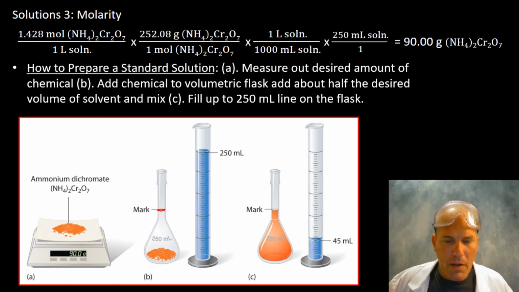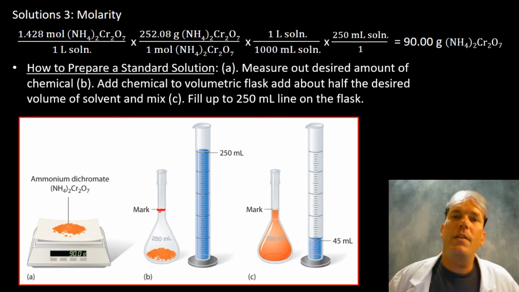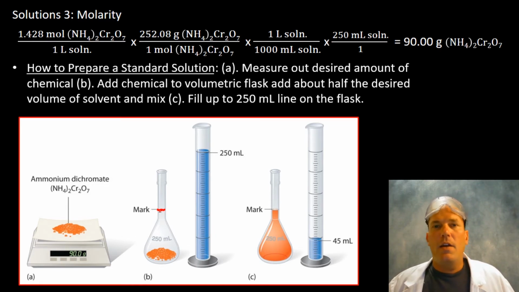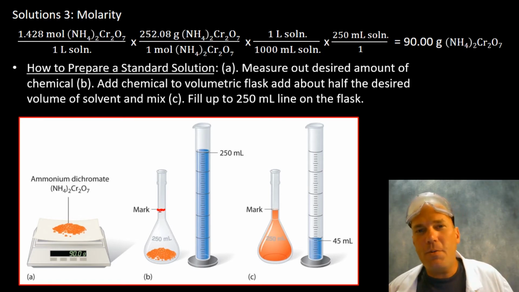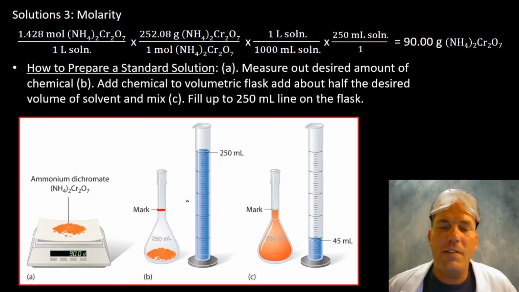And that mark is exactly 250 milliliters. Volumetric flasks are the most accurate way that you're going to measure these larger volumes. Now, due to the reality of our classroom, most of the time you will use graduated cylinders because volumetric flasks are very easy to knock over and they're very expensive. So the next best choice would be a graduated cylinder.